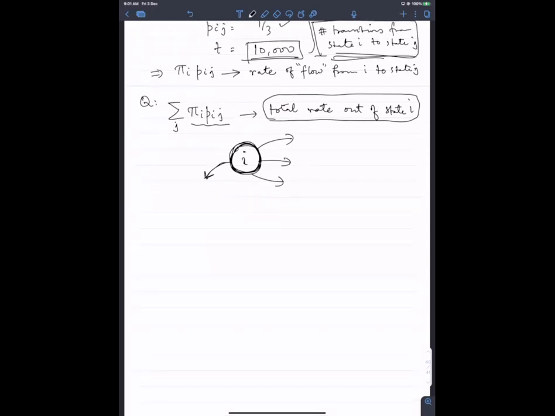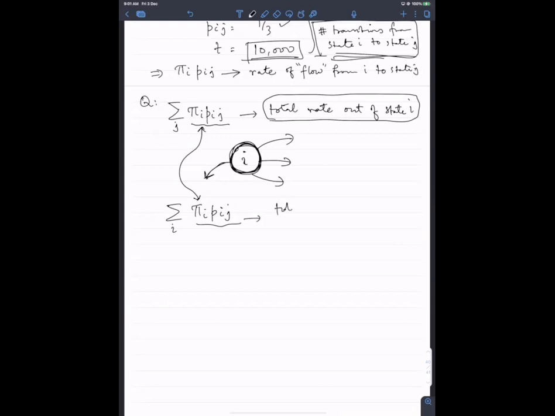Similarly, summation pi I Pij, see, this is the same thing, exactly the same thing. However, now I sum it up over I. If I sum it up over I, that means you were in state I, and you moved to state j. It's the rate for that.